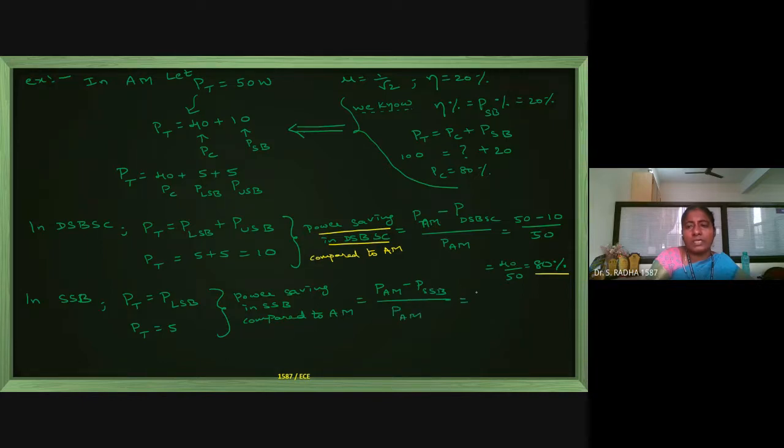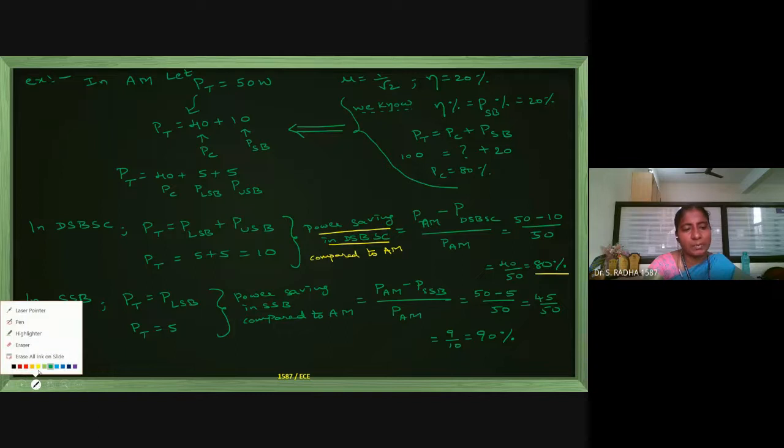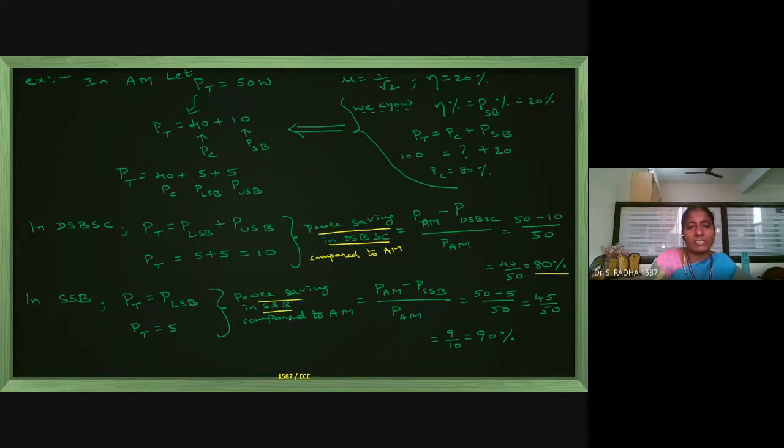In AM it is 50, in SSB only 5. So 45 divided by 50 is 9 by 10. In percentage it is 90%. 90% power can be saved if the carrier is suppressed and one sideband is also suppressed. Power saving in SSB compared to AM is 90%.